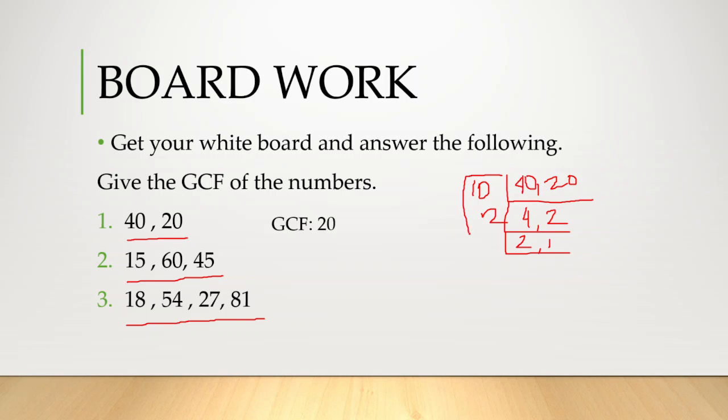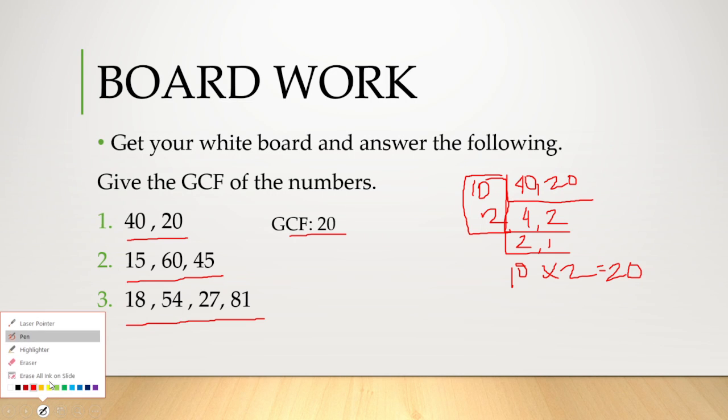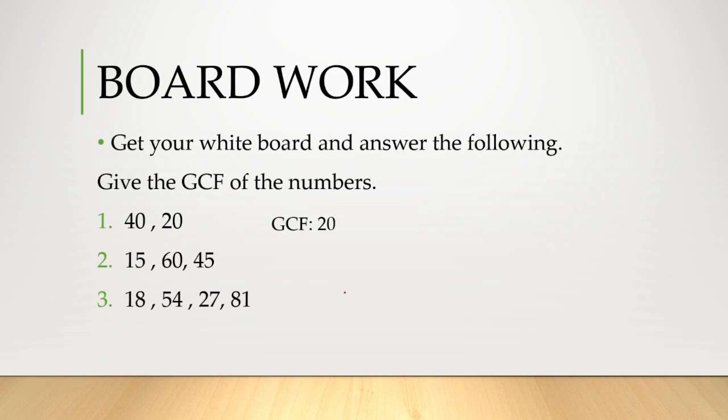So our GCF, since 2 and 1 has no common factor, our GCF is 10 and 2. So 10 times 2 is 20. So our GCF is 20. Okay po.